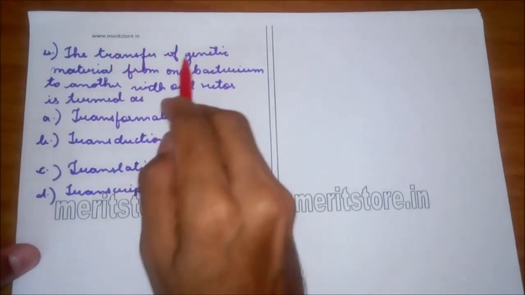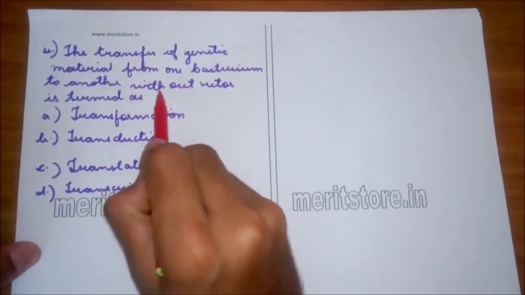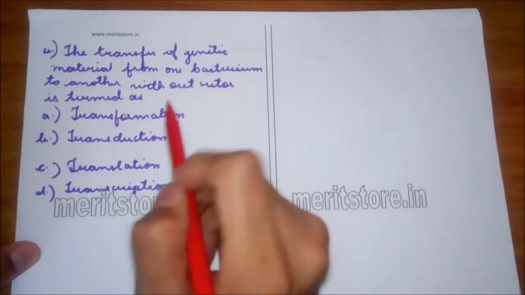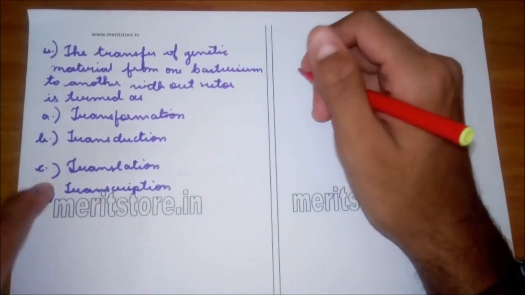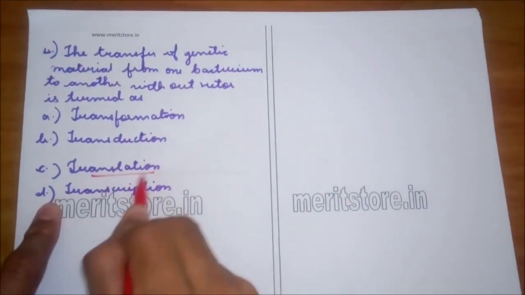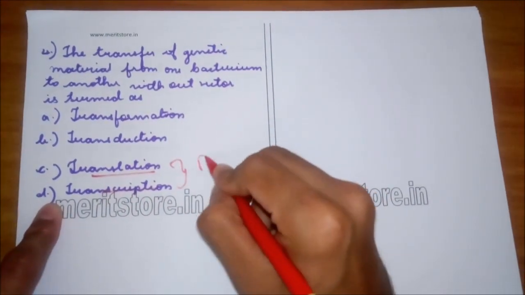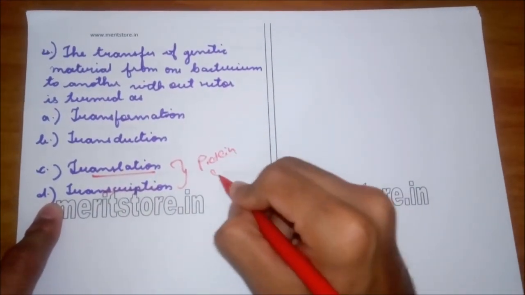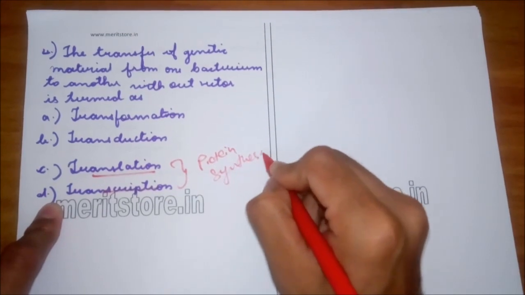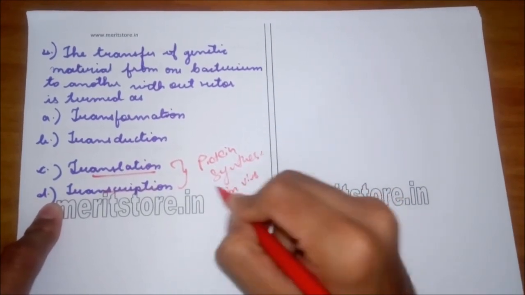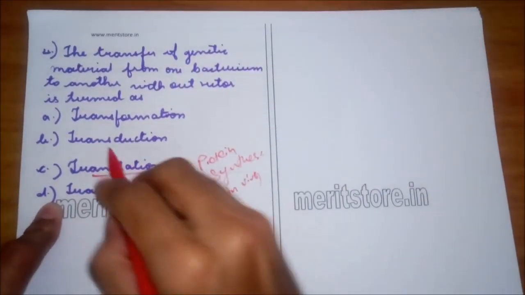Question number 4. The transfer of genetic material from one bacterium to another without a vector is termed as? First let us rule out these two options: translation and transcription. They are used in protein synthesis, and this occurs in vivo. So these two are wrong.